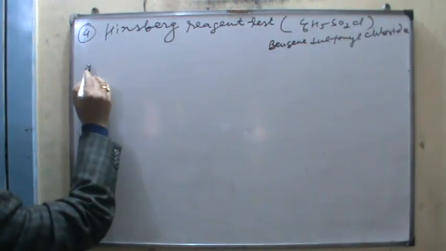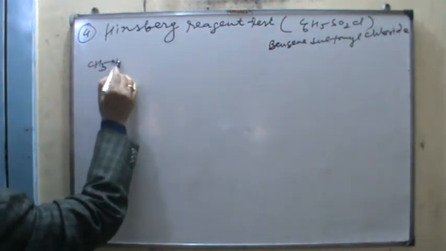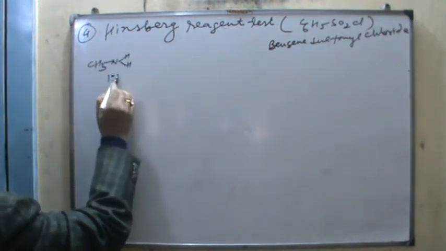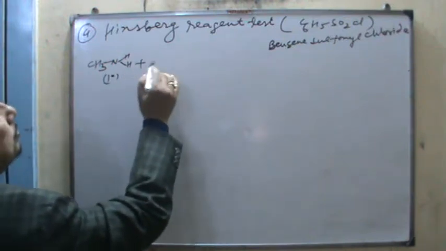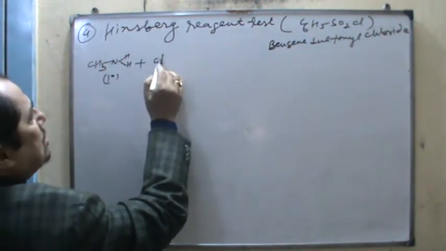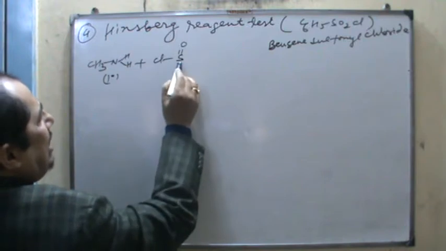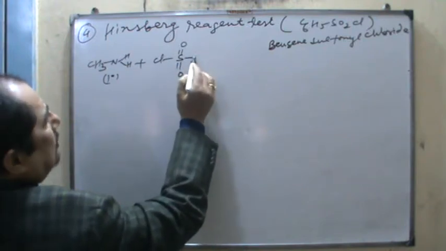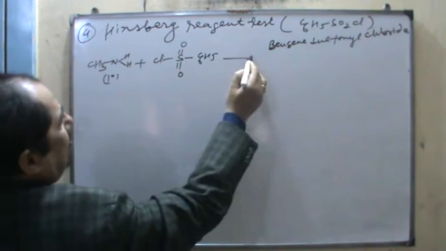You take a primary amine, CH3NH2, plus benzene sulfonyl chloride like this, C6H5.